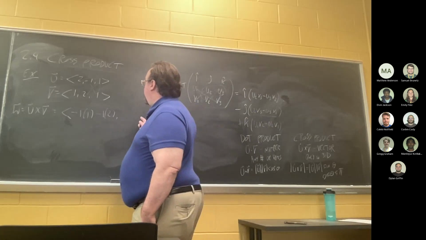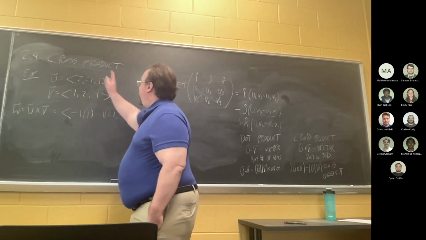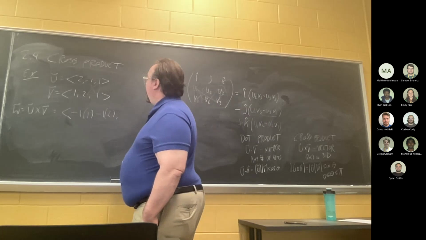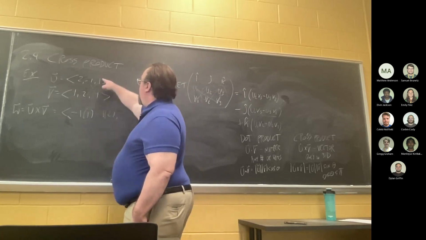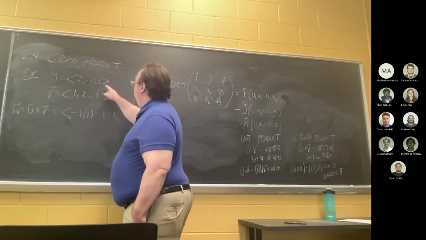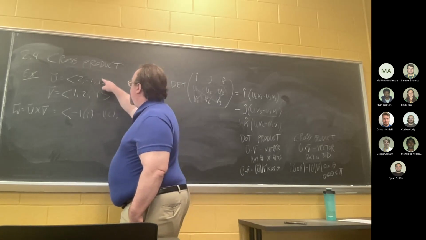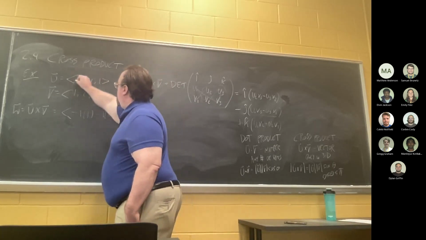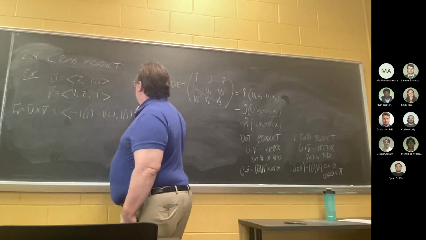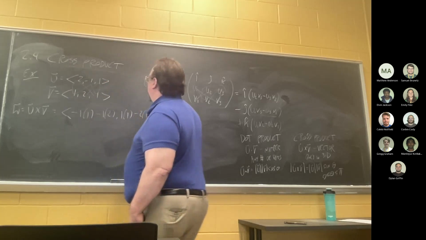For the second component, the Y component, I'm using the first and third elements of U and V, but I start from the upper right, whereas before I started from the upper left. So I have 1 times 1 minus 2 times 1.